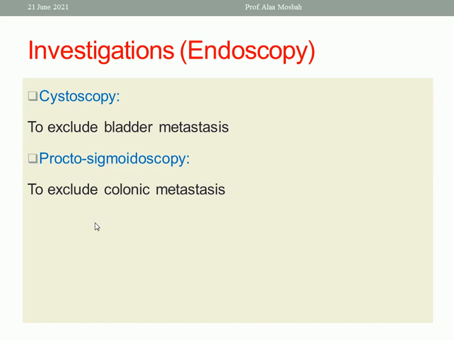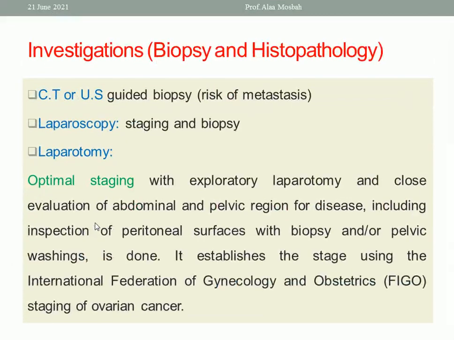Endoscopy: cystoscopy, yes, maybe needed to exclude bladder metastasis, and proctosigmoidoscopy to exclude colonic metastasis or primary lesion. Biopsy and histopathology can be taken through CT guided biopsy or ultrasound guided biopsy, but there is risk of metastasis during taking this biopsy. Laparoscopy for staging and the biopsy.